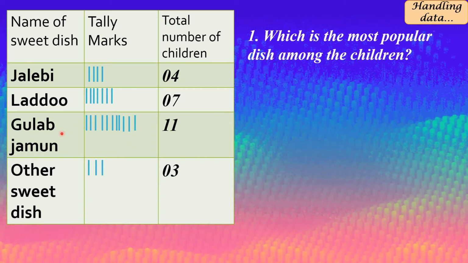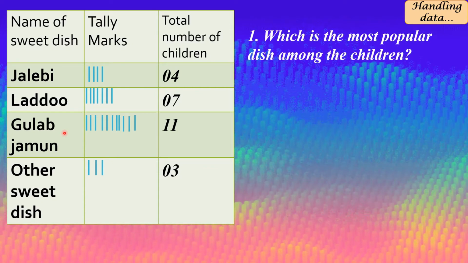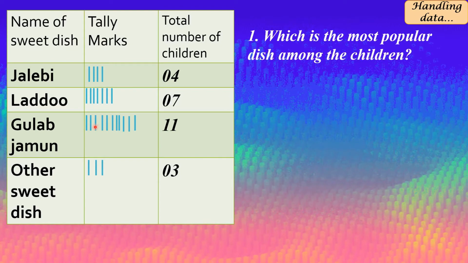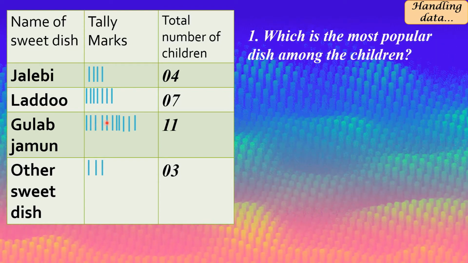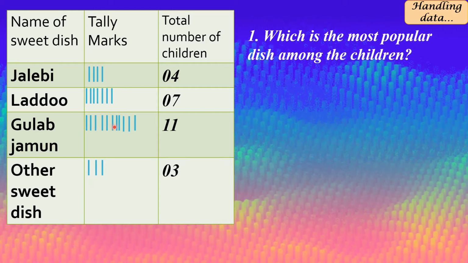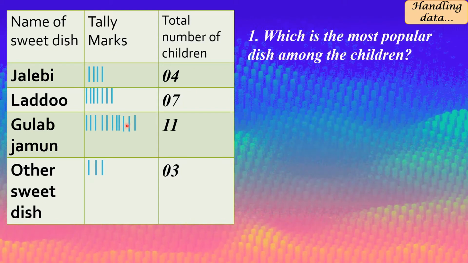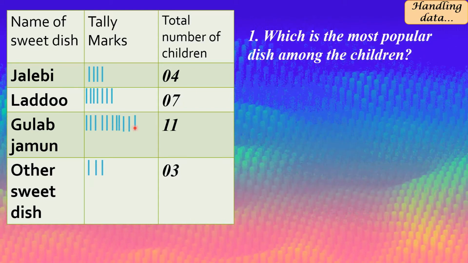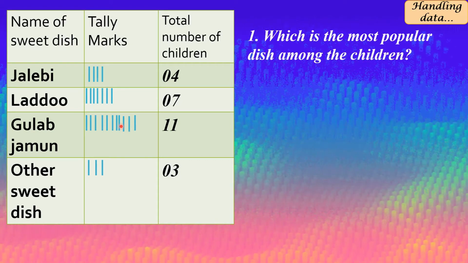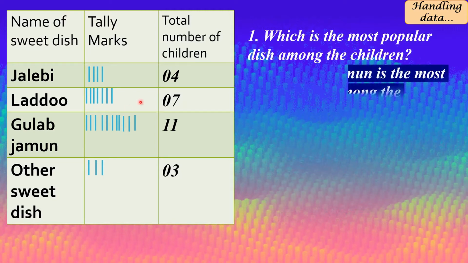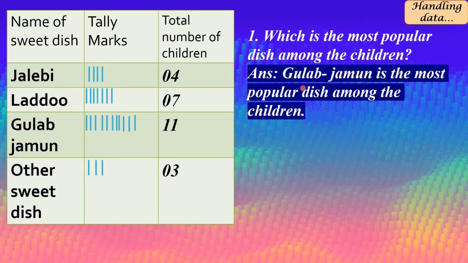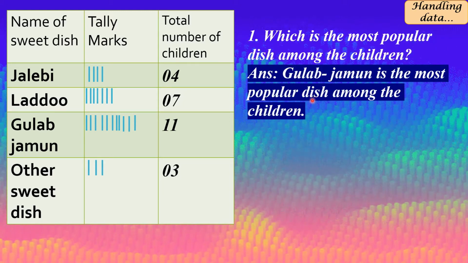So let us count how many children like gulab jamun. Okay. 1, 2, 3, 4, 5, 6, 7, 8, 9, 10 and the 11. So students, 11 children love to eat gulab jamun. See here. The gulab jamun is the most popular dish among the children.